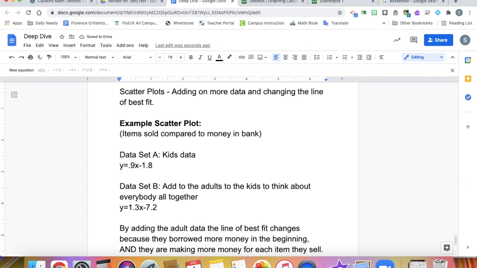So clearly, as a whole, the adults are doing a lot better than the kids, because when you mix the data together, it brings up how much they're making each time. However, they were also borrowing a lot more money in the beginning, the adults were, which brought everyone all together looking like everyone was borrowing more than when you just separate the kids' data out.